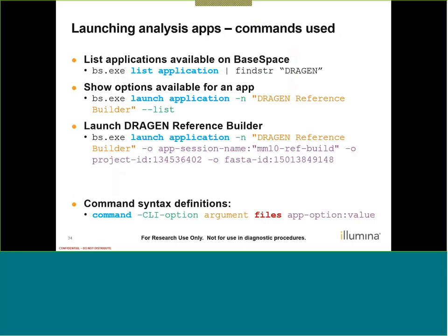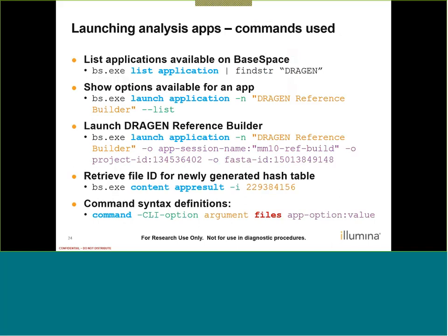The next thing we're going to do is actually launch the reference builder, and this is the program that takes our MM10FASTA in this case and creates a hash table, a whole new file that DRAGENT can understand and use for the germline pipeline. And again, as we did before, we'll need to get the file ID for that newly generated hash table using the content app result command.